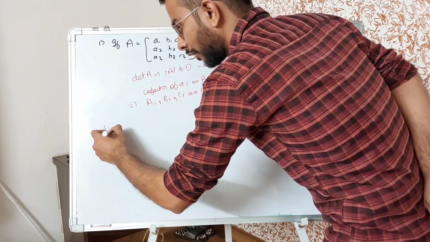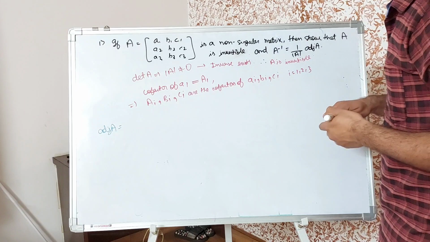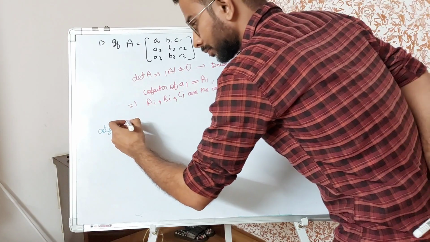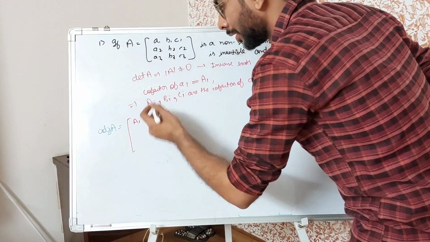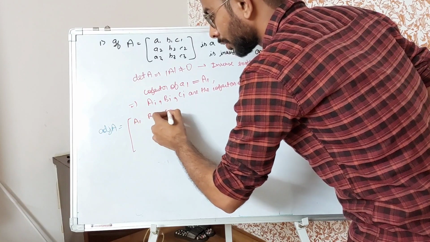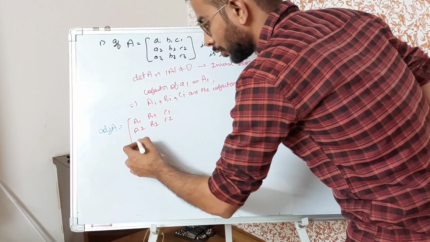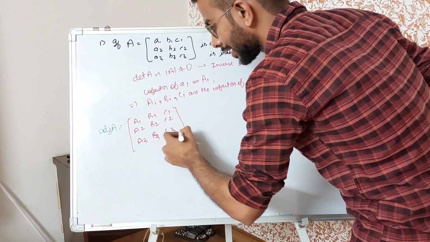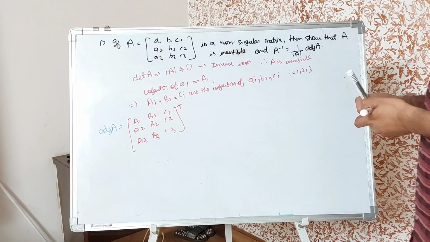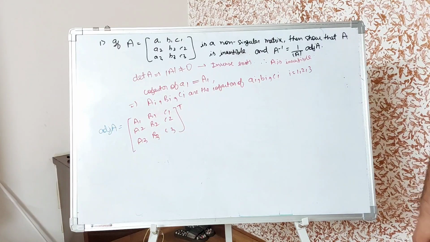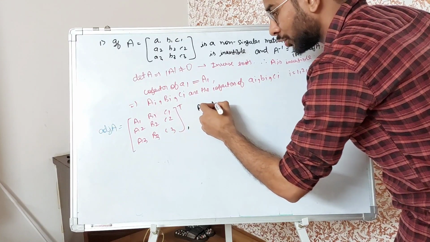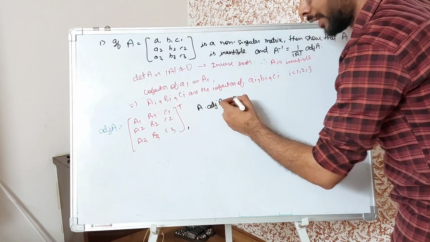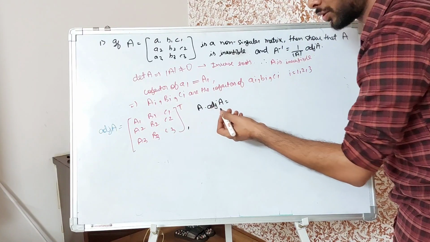If we define adjoint of A, we first write the cofactors A1, B1, C1, then A2, B2, C2, then A3, B3, C3, and its transpose is what we call adjoint of A. Next, we'll find the product A into adjoint of A, or adjoint of A into A. It's one and the same thing.